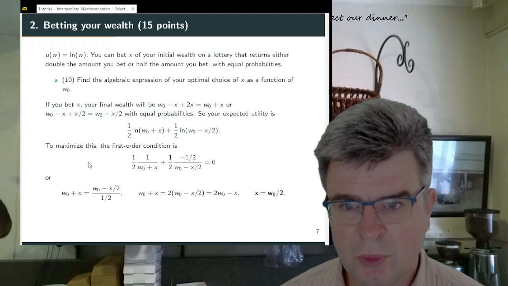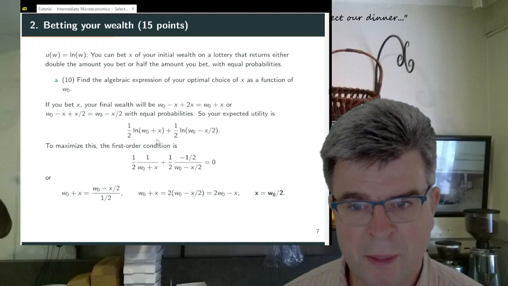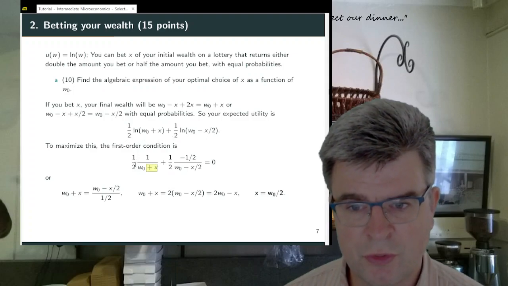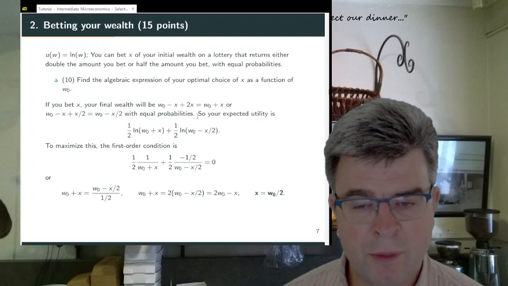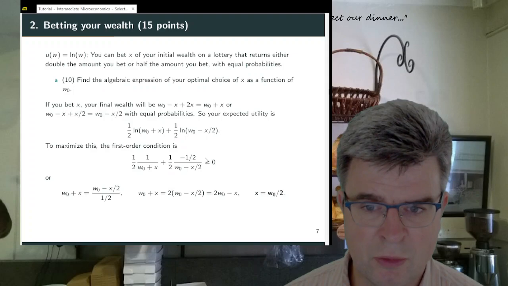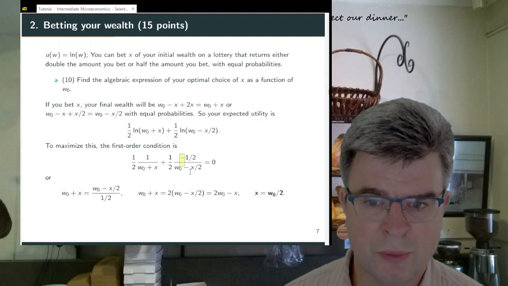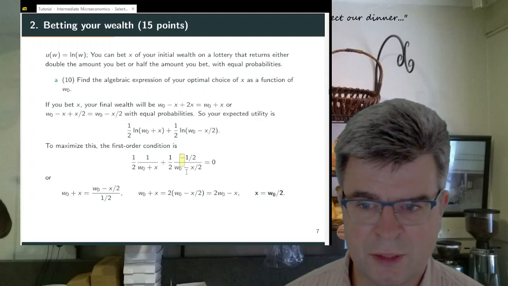So we take the first order conditions by taking the derivative of the first part with respect to X, which is this function over here, and we take the derivative of the second part of the expected utility, which gives us the expression over here. Don't forget that here we have a minus sign, so here we also have a minus sign.